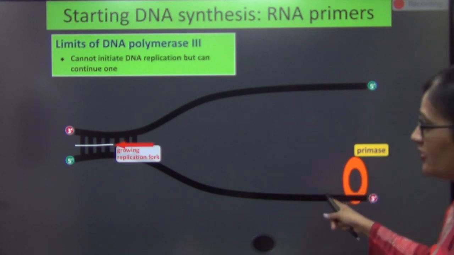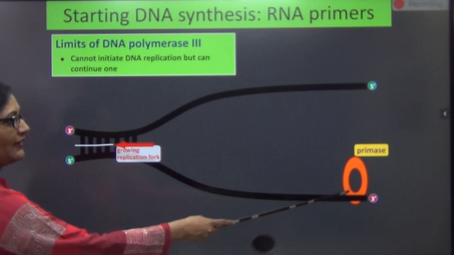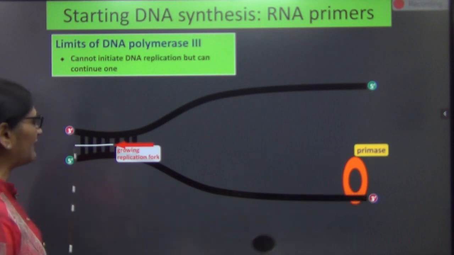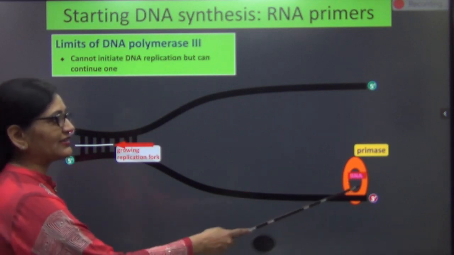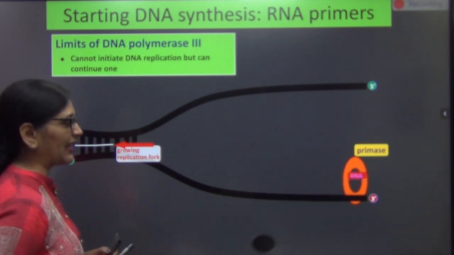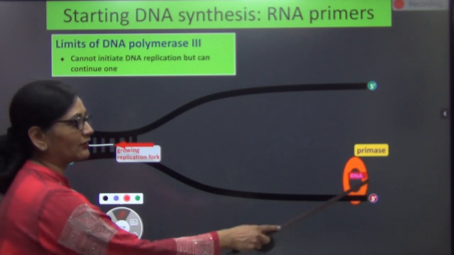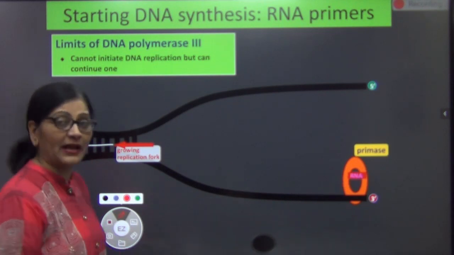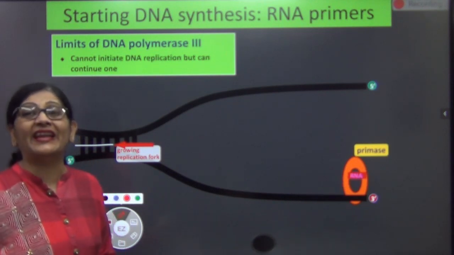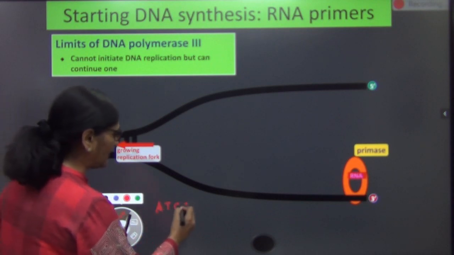So please watch here how things work, a little animated version. First, this is the 3 prime 5 prime, so the enzyme primase will attach. Because of the enzyme primase, a small RNA primer is formed at this point. I told you what a primer is. It is a short strand of known nucleotides, and the primer which we use is an RNA primer. Why? Because it is made up of AUCG, not ATCG.